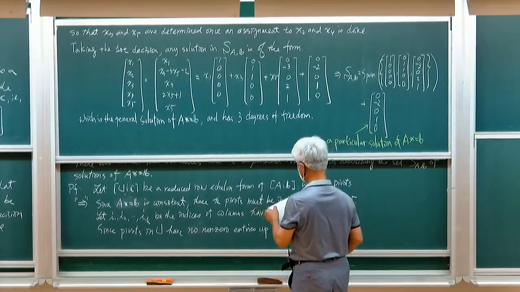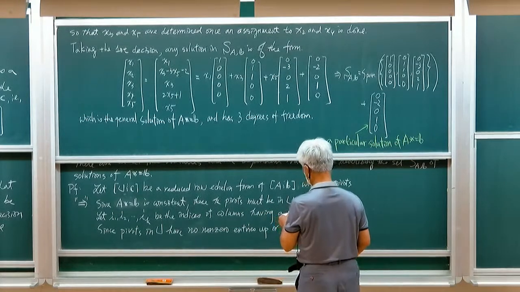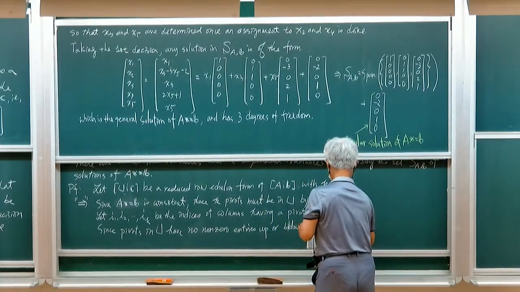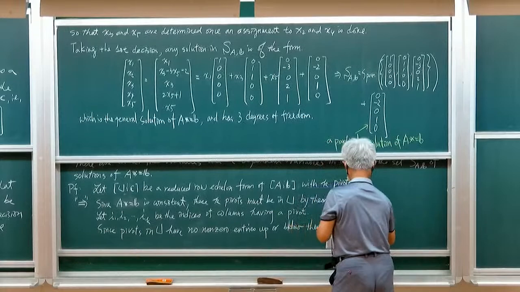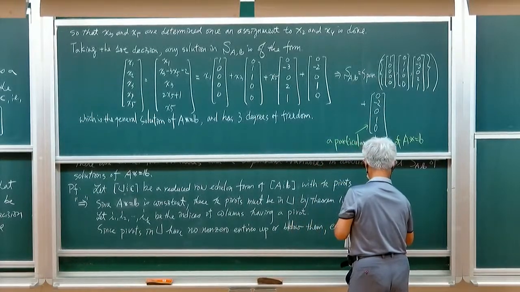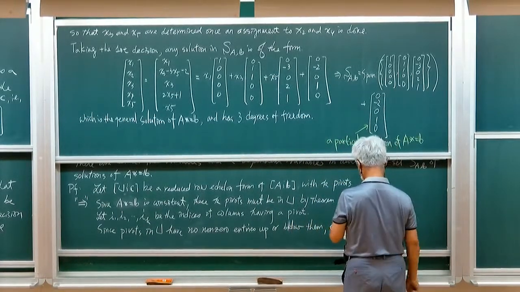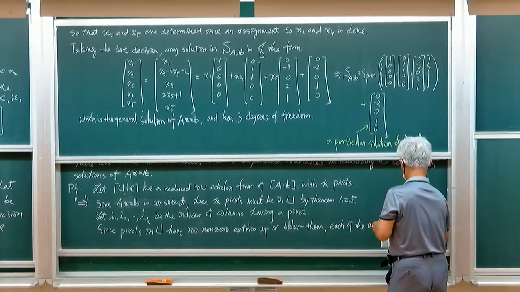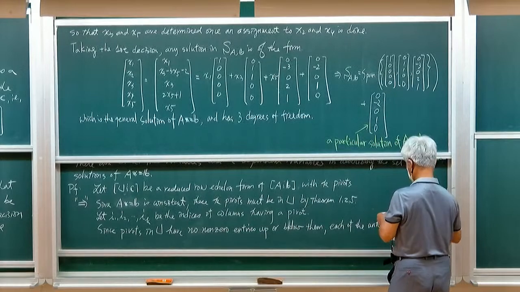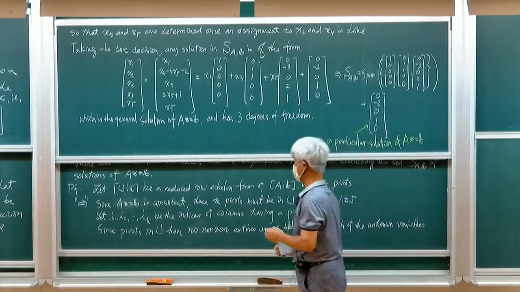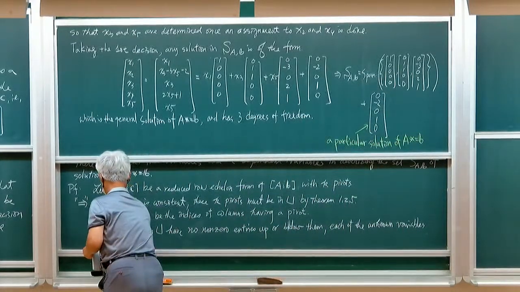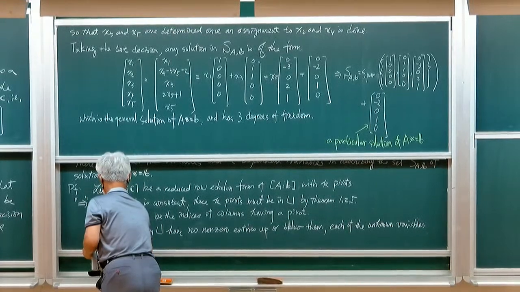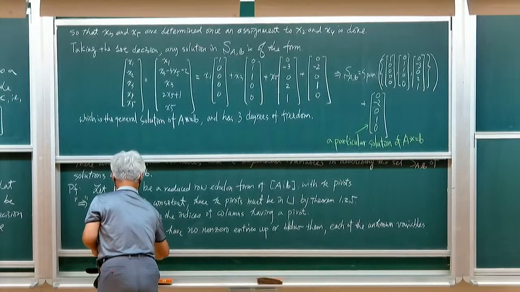All right? So each of the unknown variables x_{i1}, x_{i2}, up to x_{ik}.